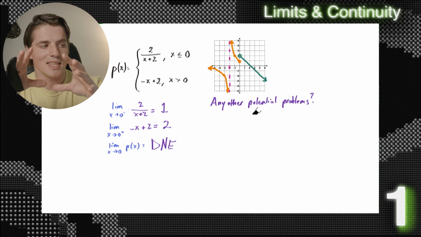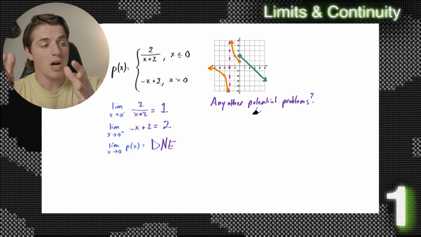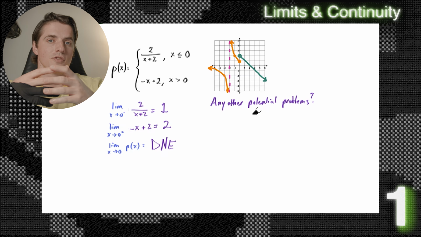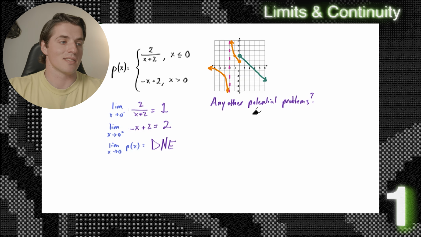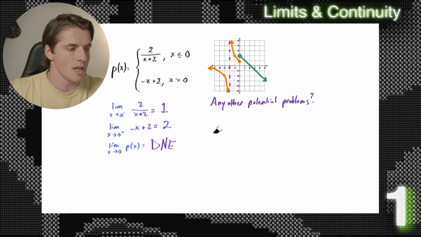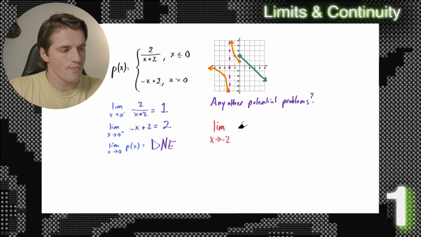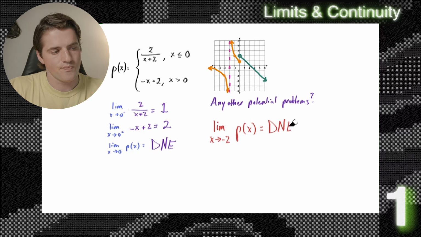Now, yes, we've checked the border and there was a problem, but you all might see that there's another issue. At x equals negative 2, we have a vertical asymptote, and so our limit is not going to exist there either. So the limit as x goes to negative 2 of p of x does not exist.